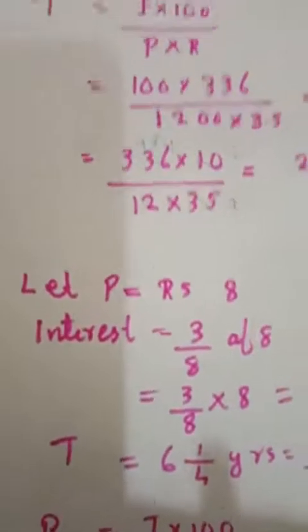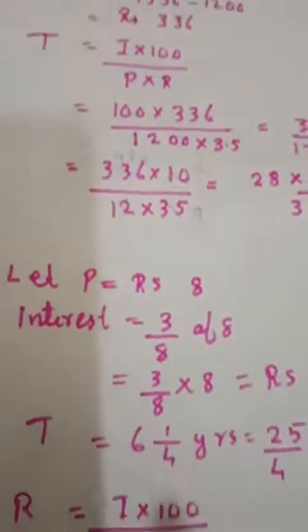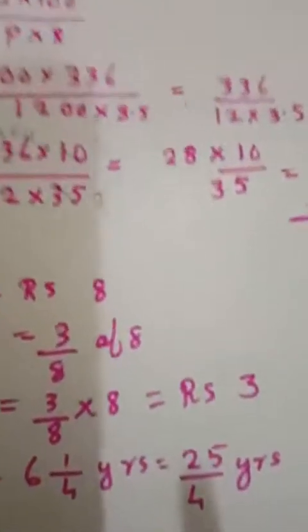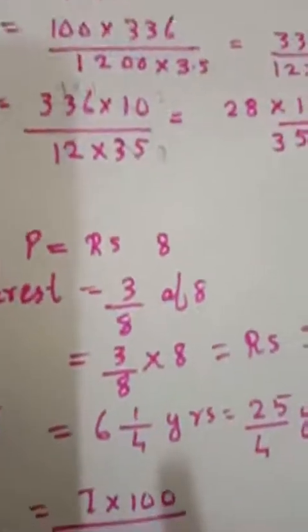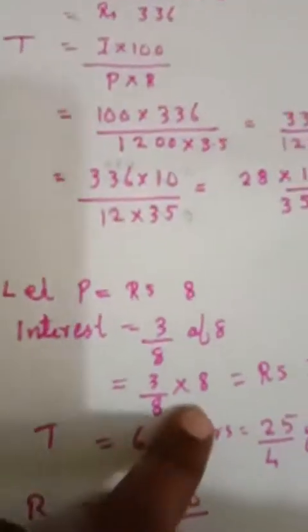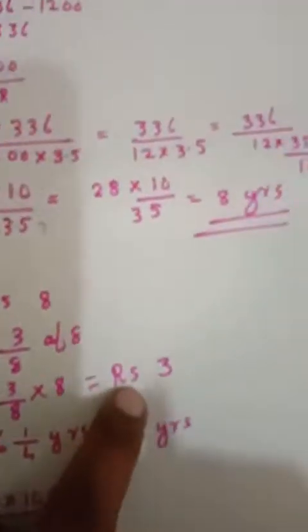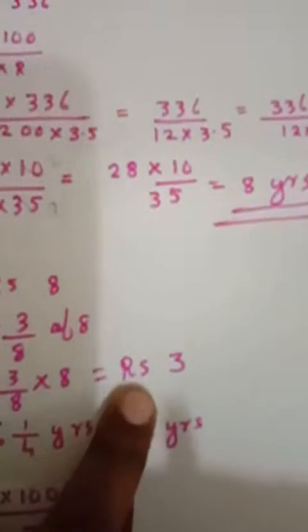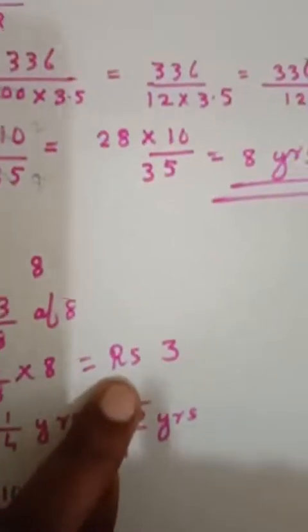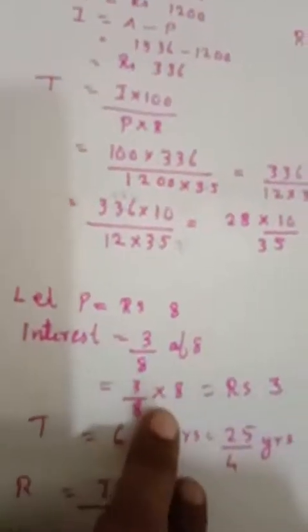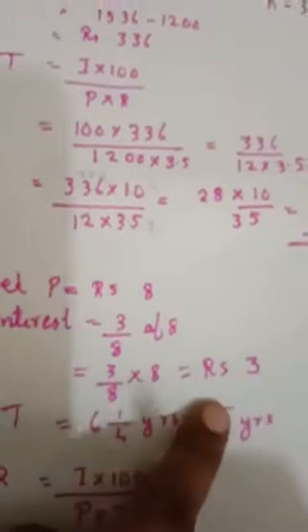Interest is 3 by 8 of the sum, so 3 by 8 into 8. The 8 gets cancelled, so interest is 3 rupees. We will get a whole number, otherwise we will get a fraction if P is 100.